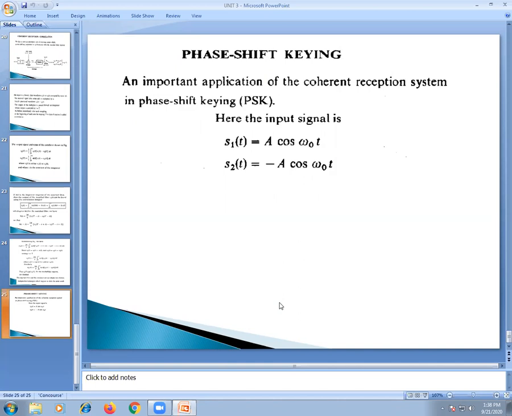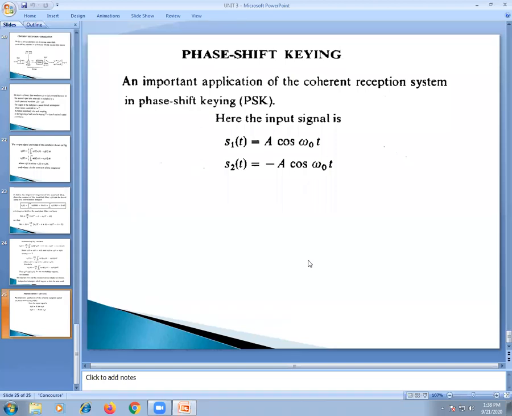Now these two signals are multiplied and given to an integrator. The integrator is from 0 to T. The integrator output is sampled by the sampling switch at t is equal to T. Okay, that is the concept. For that concept, apply a BPSK signal. What is the BPSK signal?